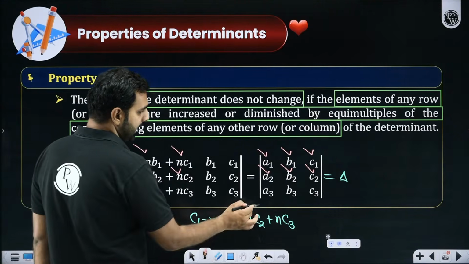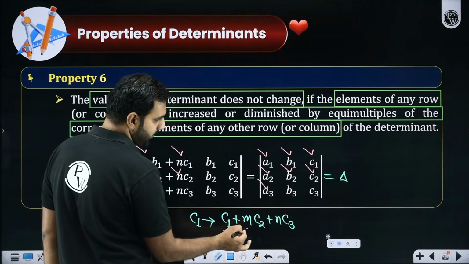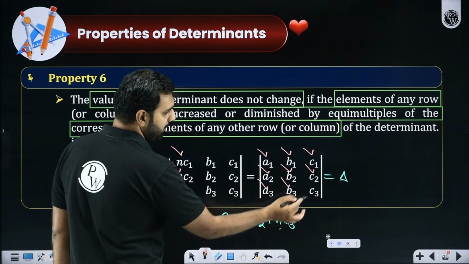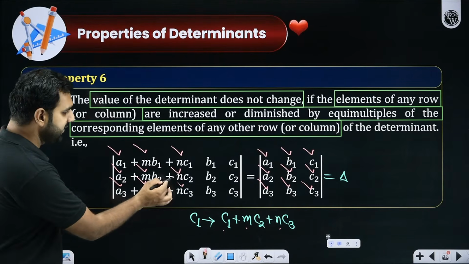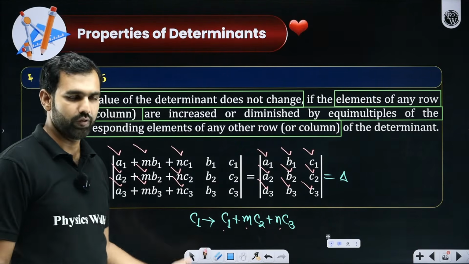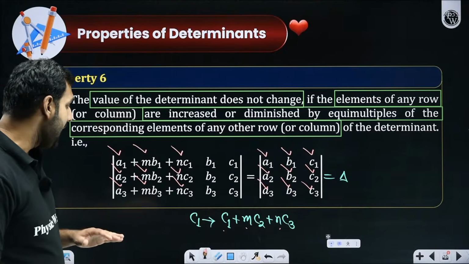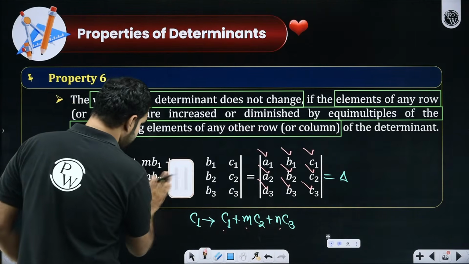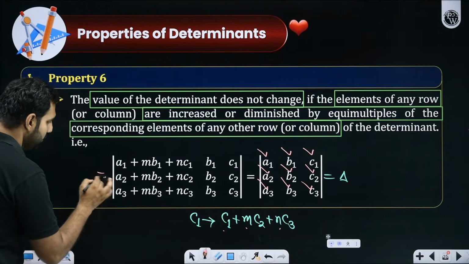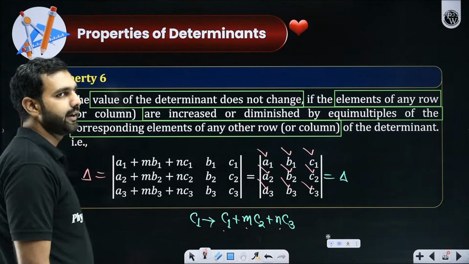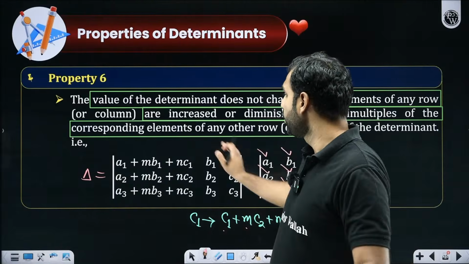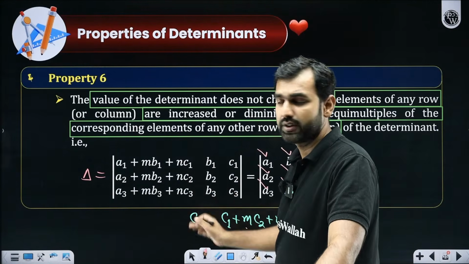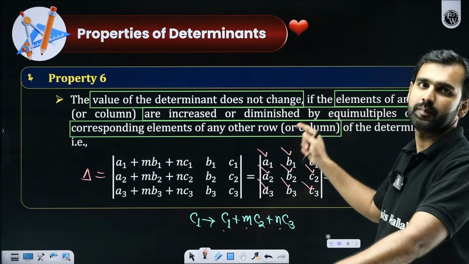Similarly, a3 plus m b3 plus n c3 you update in row 3, of course in column 1. And even despite doing this operation, mark my words, it will still remain this delta only. You do that expansion by yourself, you will find the same expansion which you get by this expansion.